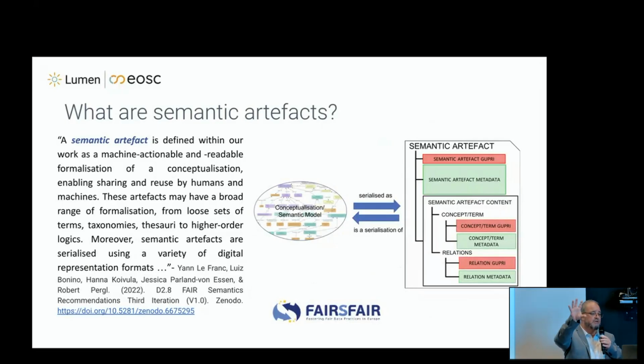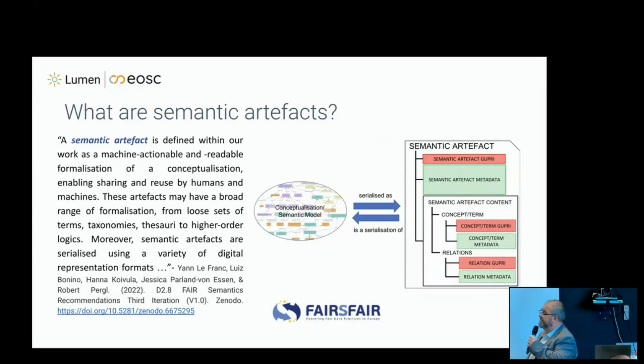So the ontology can be just a simple paperboard drawing, but at some point you need to implement that for machines. So you need to formalize it or serialize it into a format that the machine can understand. PDF or drawings, they don't. So basically, you have to put it there. And the idea is that a semantic artifact is this kind of implementation. And basically, this formalization of a conceptualization enables sharing and reuse by humans, of course, but more importantly for machines, right?